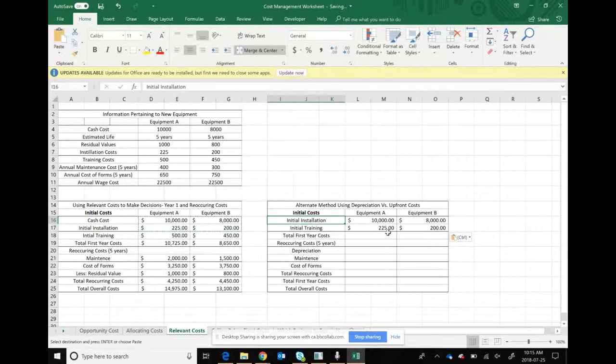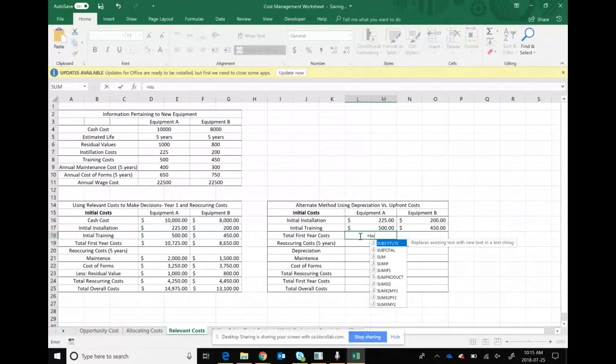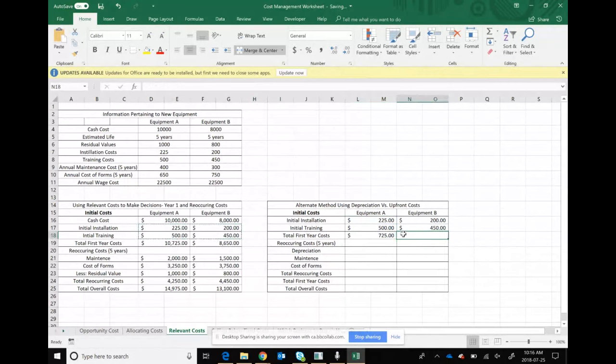So the only cost we consider in the first year is the installation and training cost, for a total first year cost of $725 for A and $650 for equipment B. We're just looking at the initial setup and the initial training.